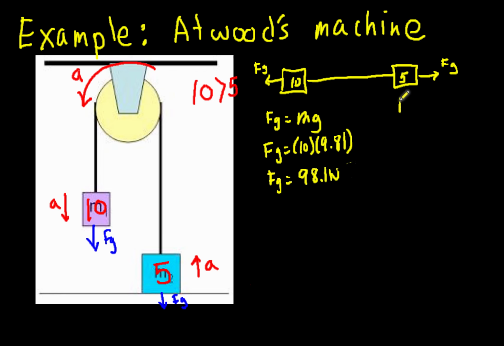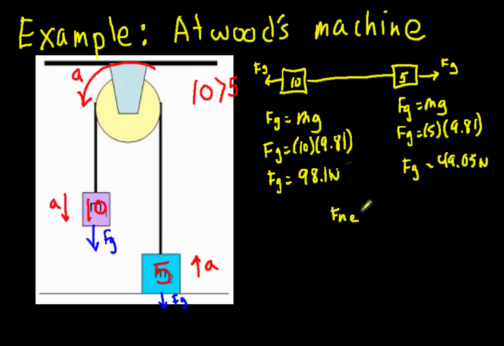The force of gravity on the 10 kilogram mass is mass times acceleration due to gravity, which is 98.1 newtons. The force of gravity on the 5 kilogram mass is 5 times 9.81, which is 49.05 newtons. This means the net force on the system is the subtraction of the two opposing forces, which is 98.1 minus 49.05, which is 49.05 newtons.